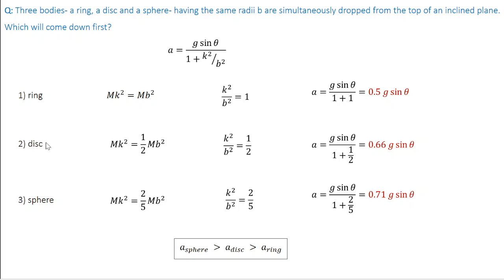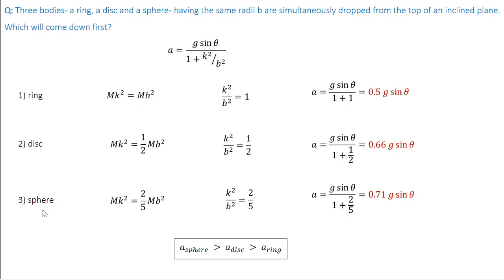Now in the case of a disk, the moment of inertia equals half m b square. So m k square equals half m b square, from which k square by b square equals half. Substituting in this equation, you get a equal to g sine theta divided by 1 plus half, which is 0.66 g sine theta.